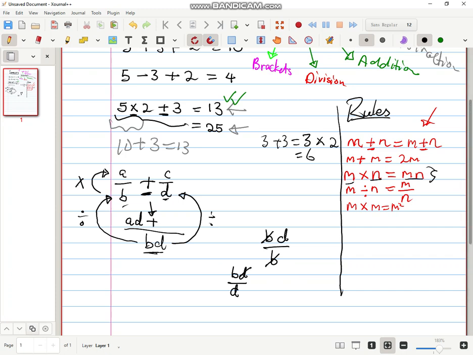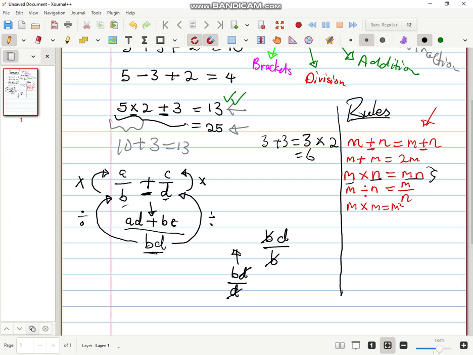Here d is going to cancel d, and we are left with b. We take the b, we multiply it with the c, therefore we have bc. I need you to remember this.